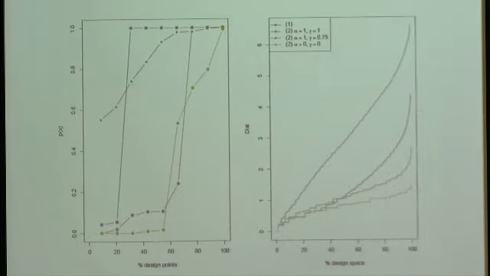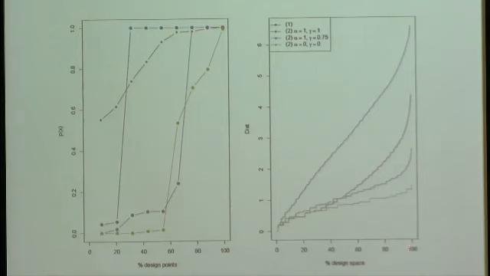So here are our fraction of design space and fraction of design point plots for those designs. Let's look at the fraction of design space first. This is thinking about the space filling properties of our design, and I don't know if you can tell the colours. On this plot you want the lines to be low, because that's telling you that most of your design space is within a very small distance of your design.